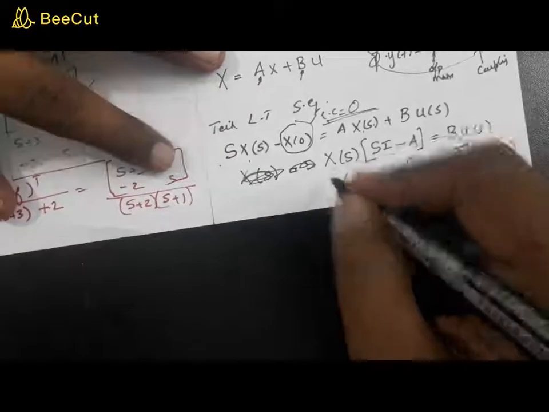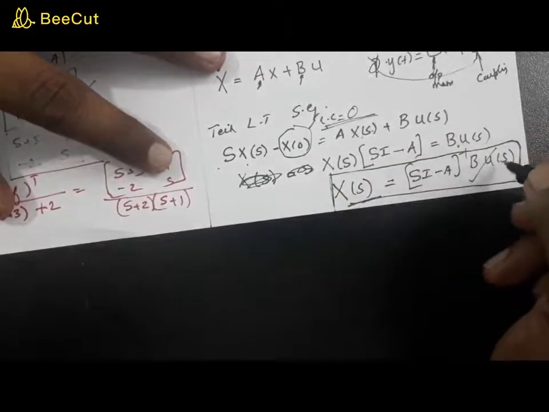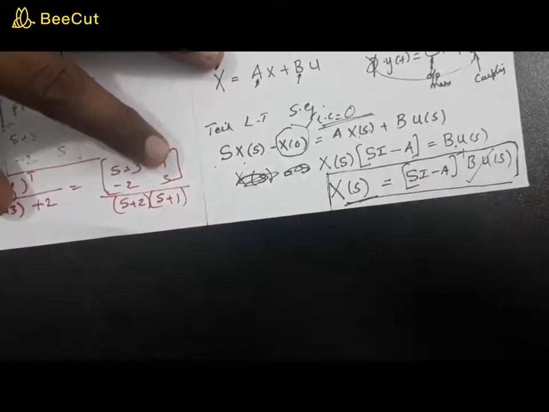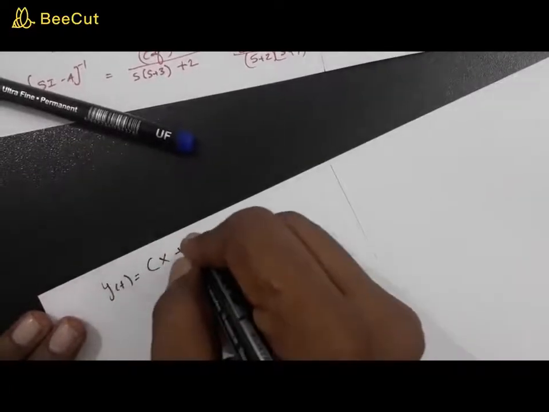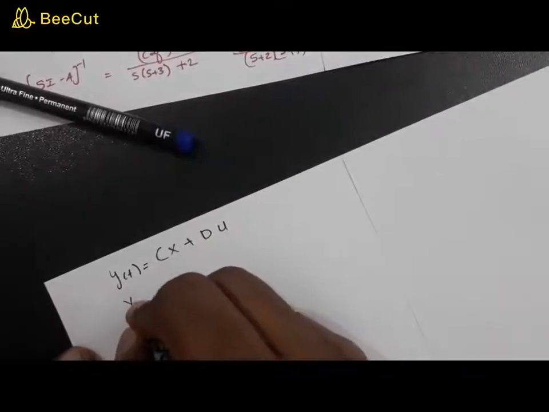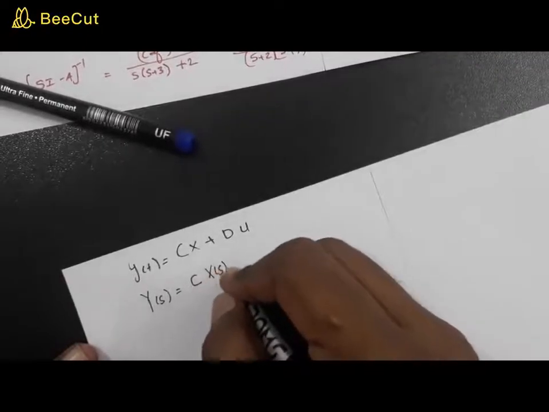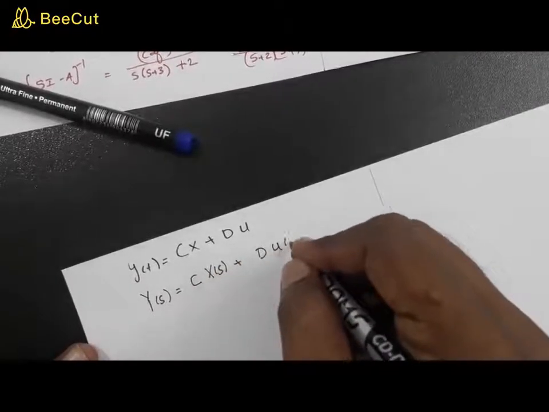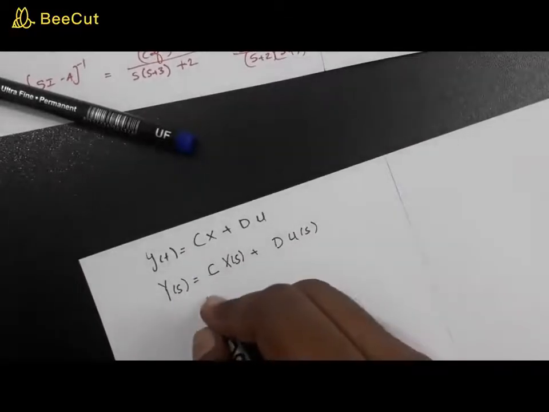Okay, so this is an important thing: X(s) = (sI - A) inverse B U(s). Taking y of t = Cx + Du, Y(s) = C X(s) + D U(s).